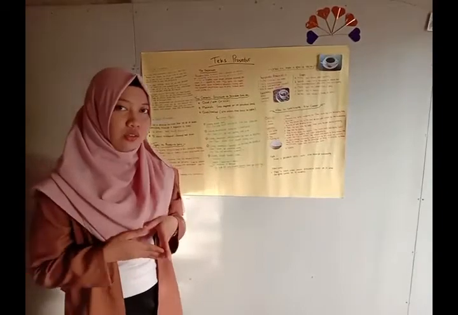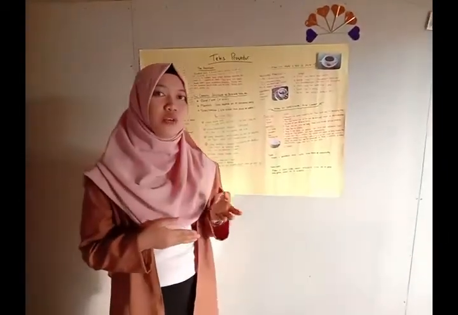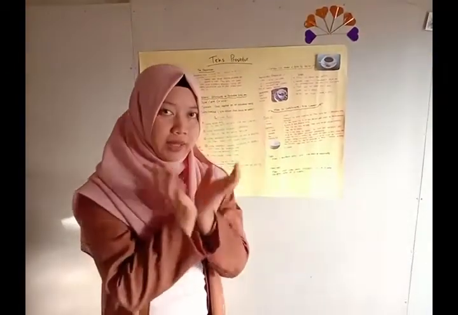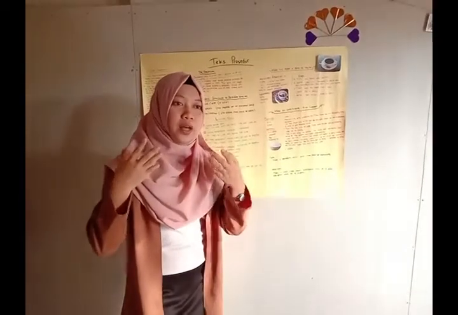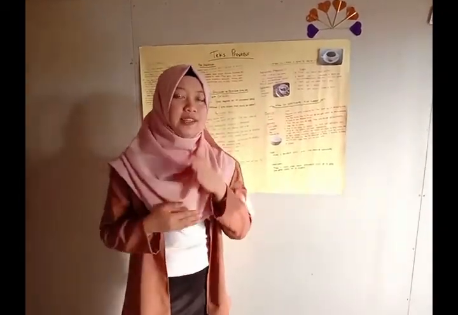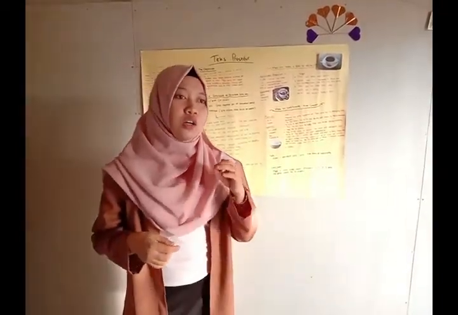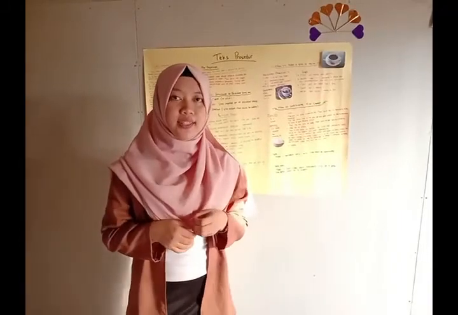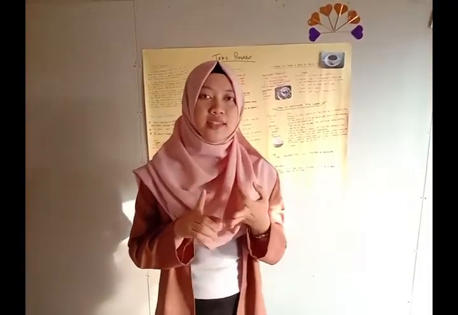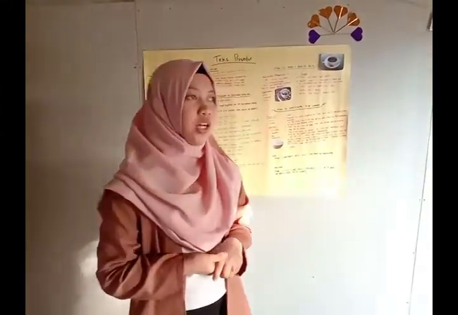In procedure tag also explain how the process to make something. In this procedure tag using simple present tense and also the conjunction. For the example, the first, second, then, next, finally, and etc.